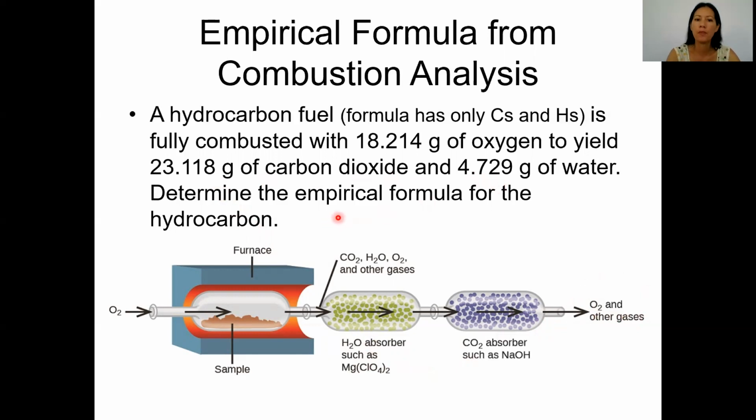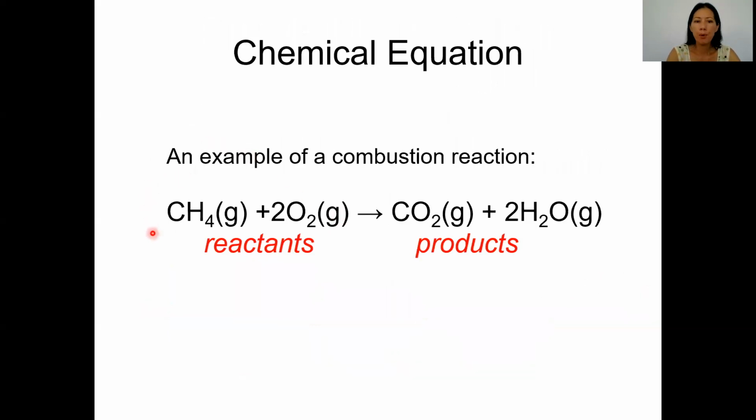And at the end, you get the amount of CO2 and water, which is critical for us to find the empirical formula. The reason is, I'm going to burn a certain hydrocarbon. I don't care about the amount of oxygen, but what I care about is how much carbon dioxide is produced and how much water is produced, because then I can backtrack.